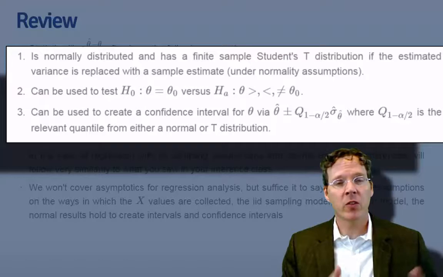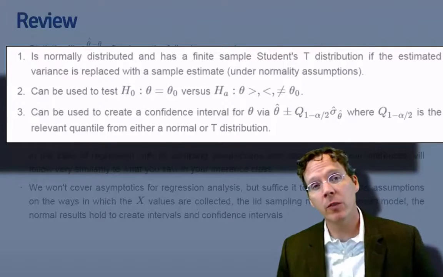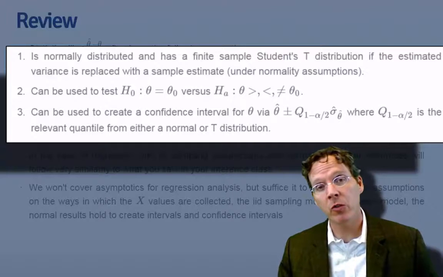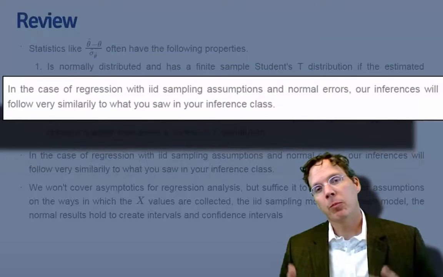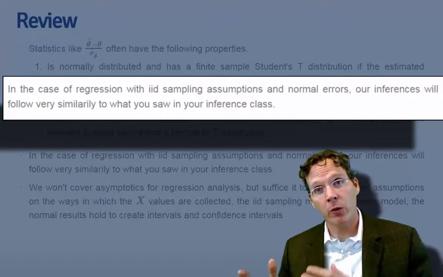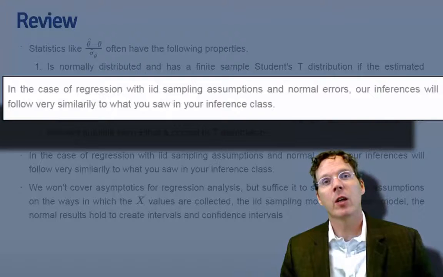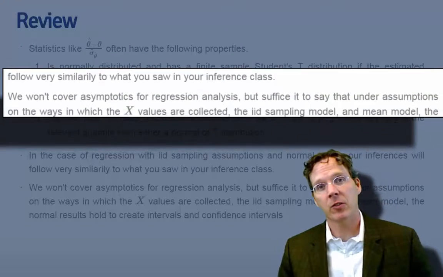And this is either going to come from a normal distribution or a t-distribution. So hopefully none of these facts are news to you after having had the statistical inference class. In the regression case, with IID sampling assumptions for our normally distributed errors, inference will follow along these lines very similarly to what you saw in that class.